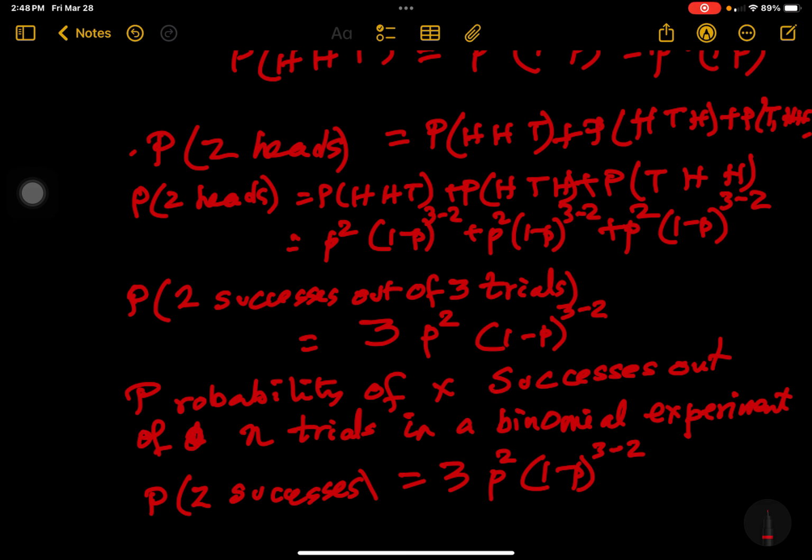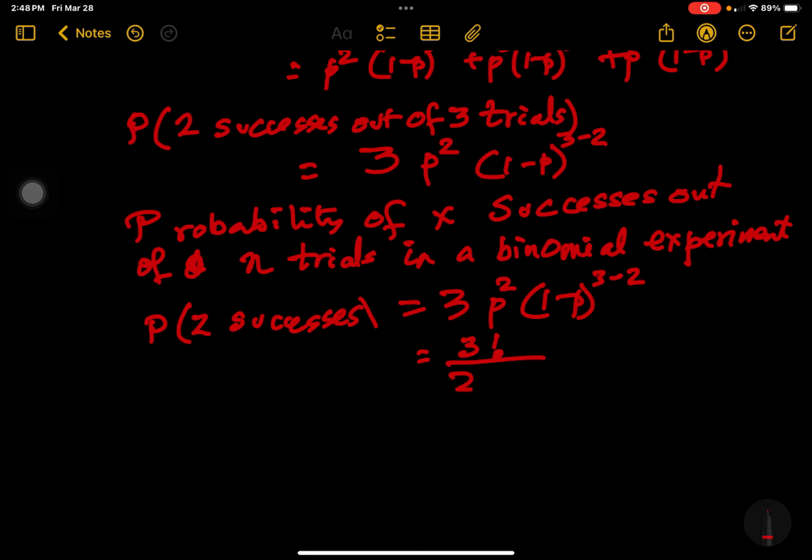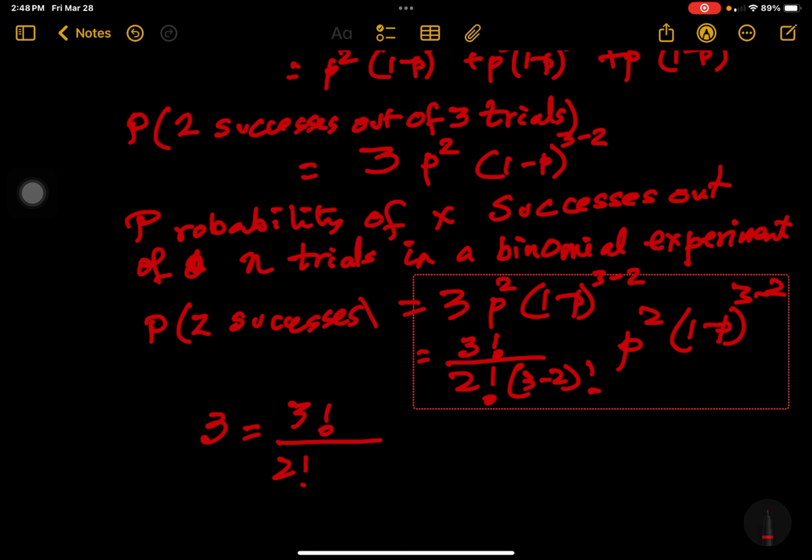This 3 is actually 3 factorial divided by 2 factorial multiplied by 3 minus 2 factorial.